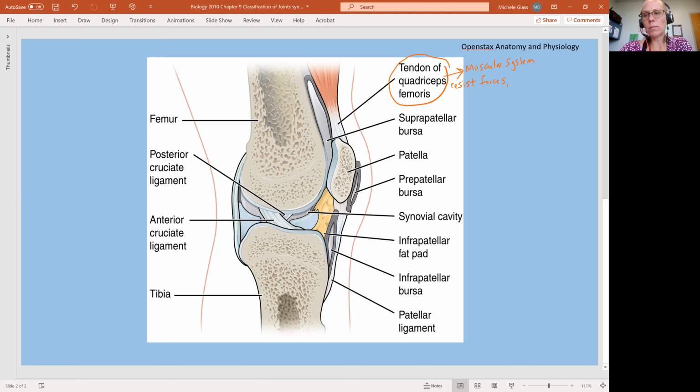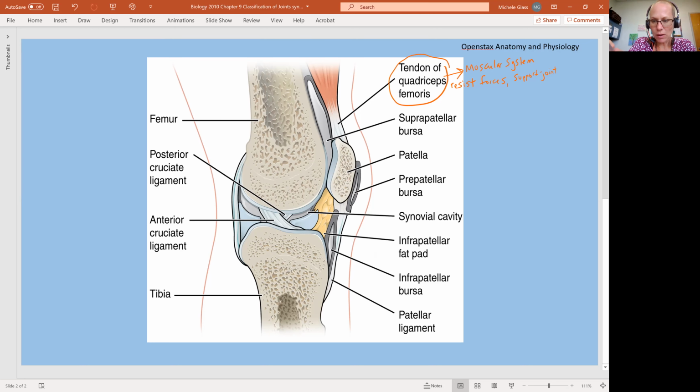It's helping to support the joint. So athletes and people who train their bodies are very careful about contracting muscles to stabilize joints when they are needing to do some hard kind of movements.